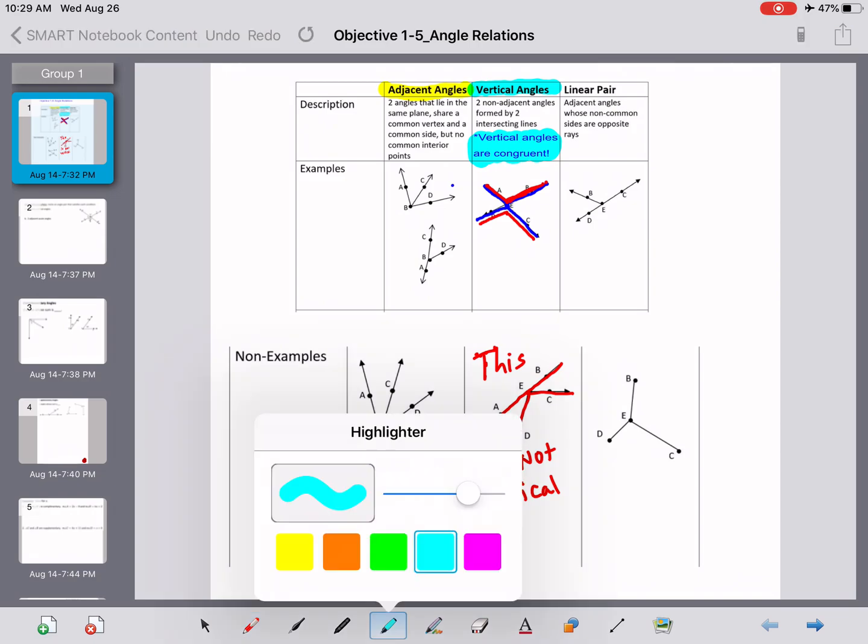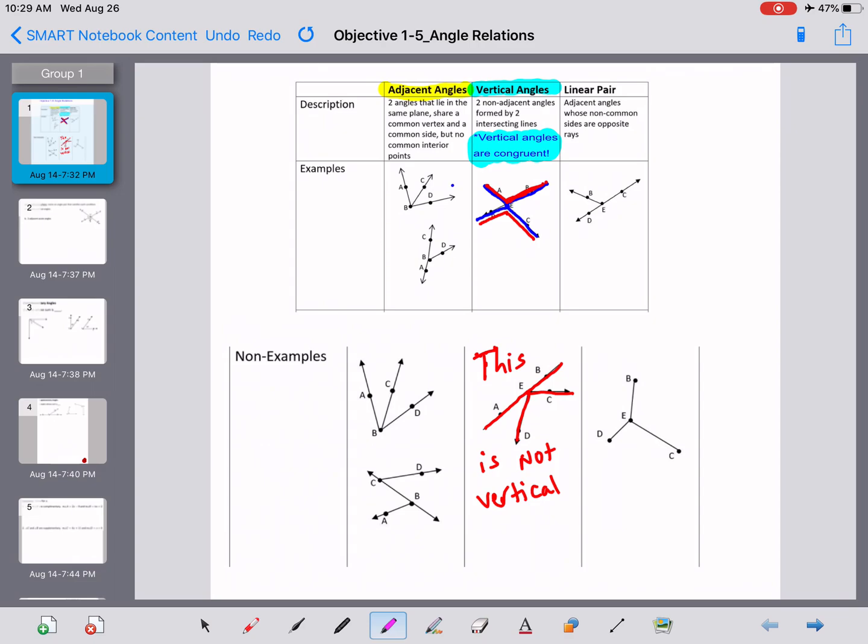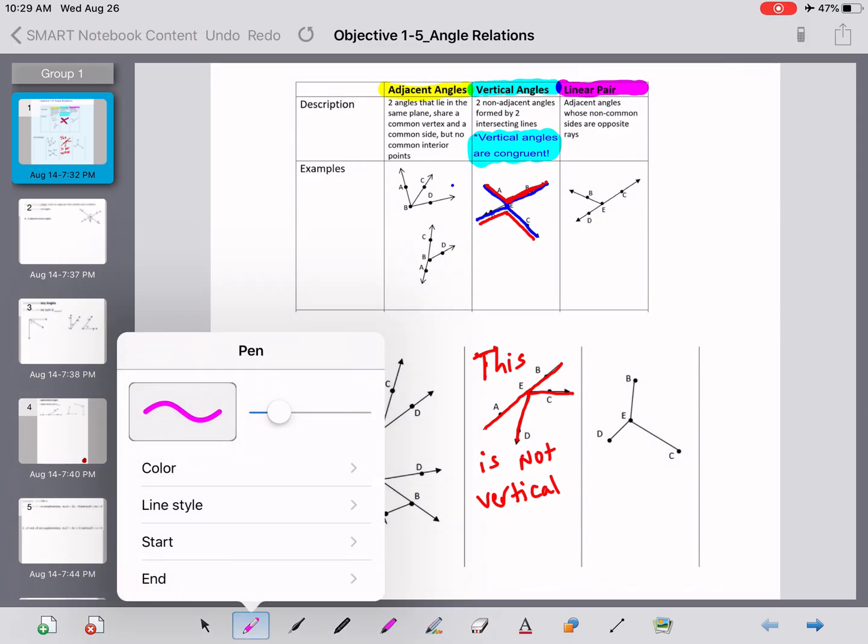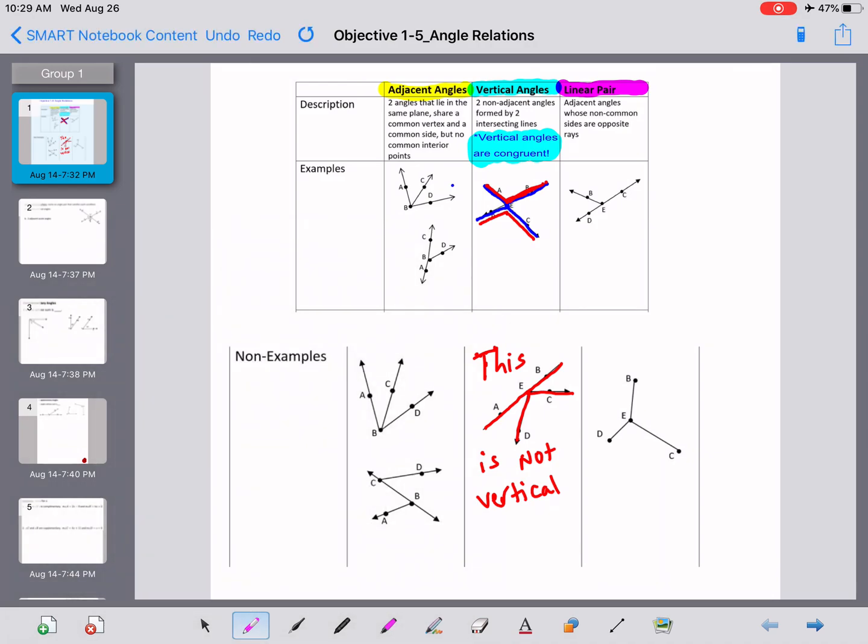The last thing in geometry that we're going to talk about with names of angles is this linear pair. A linear pair is pretty important as well. These are adjacent angles, so these angles are going to be side by side. But that word linear, what does that word make you think of? Linear.